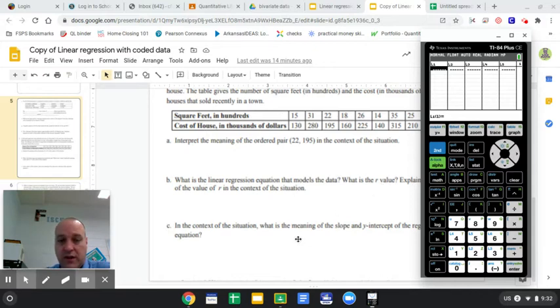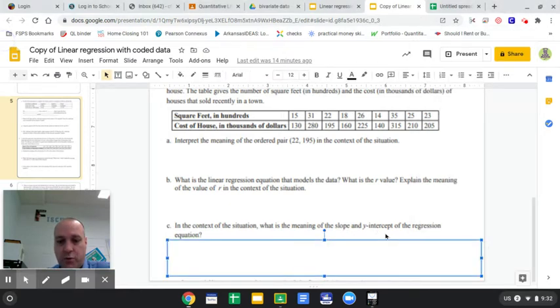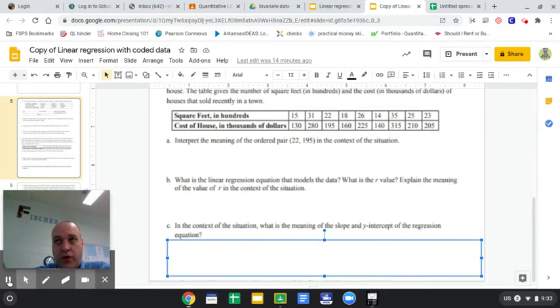So in the context of the situation, what is the meaning of the slope and the y-intercept? For an increase of 100 square feet in living space, there's an approximate increase of $8,700 in the cost of the house.